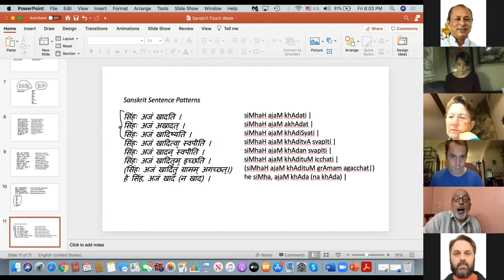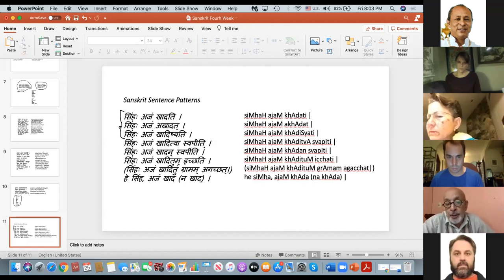Khaditva: after having eaten, after eating. Khaditva actually, the literal translation is after eating. Simha ajam khaditva swapiti. Swapiti is a new word: sleeps.